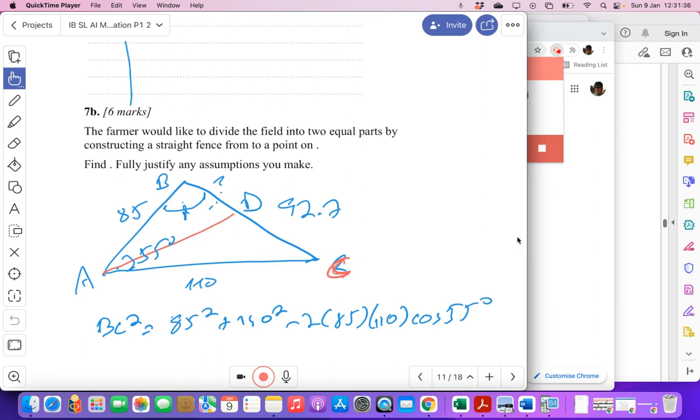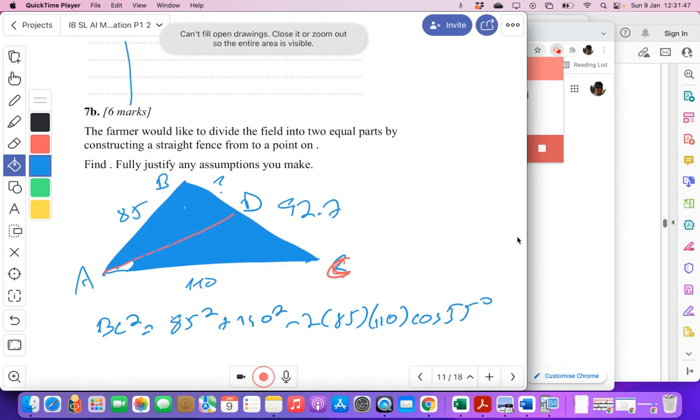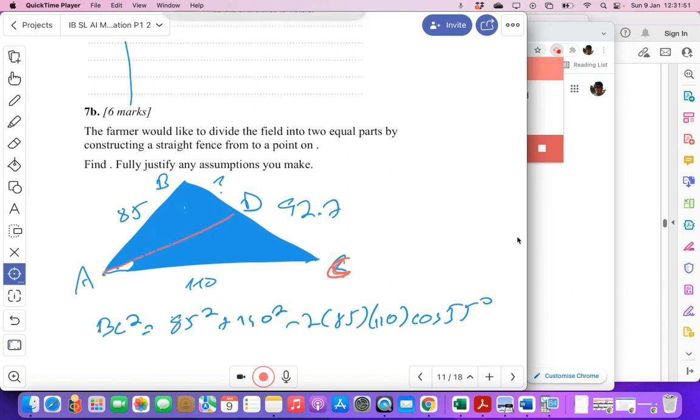So I have 85, the angle, and, again, half of the area. So that's what I'm going to be trying to figure out, basically what the distance is here, BD.